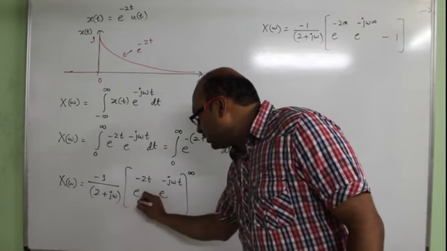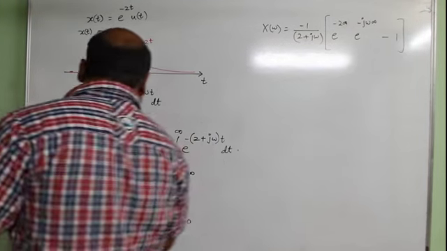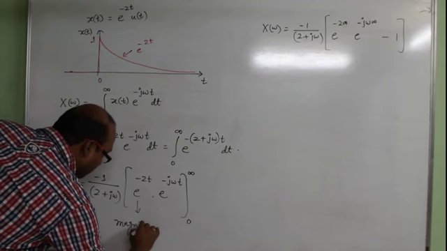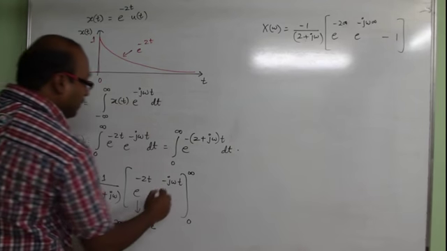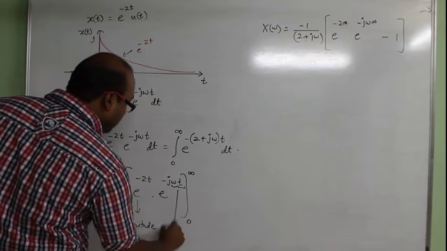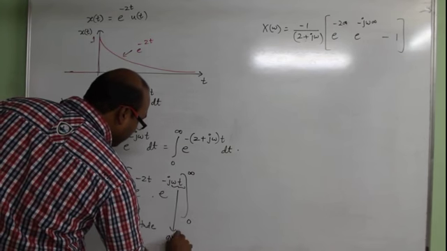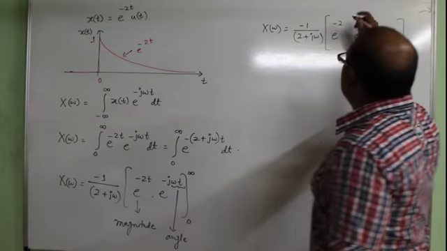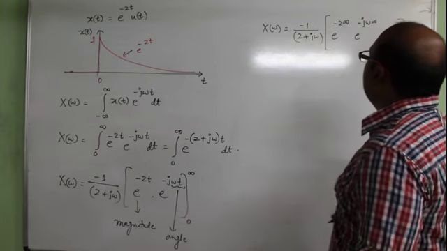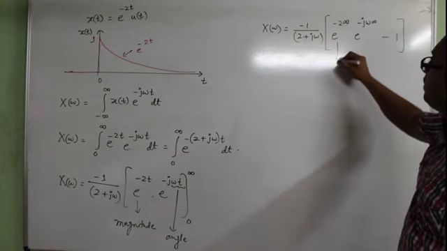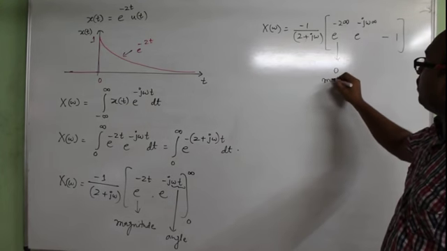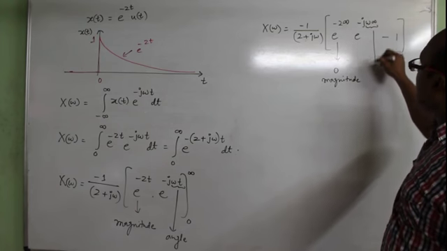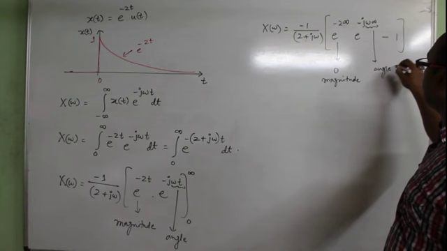Now in this expression, the first term, e to the power minus 2t, is the magnitude, and the second term, omega t, is the angle. e to the power minus infinity is 0, so the magnitude is 0, and here the angle is infinite.